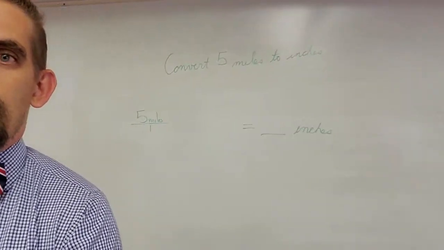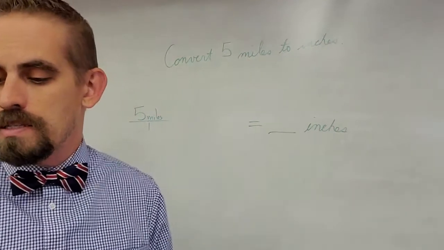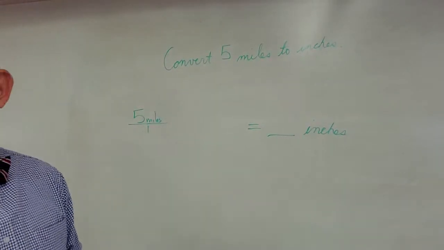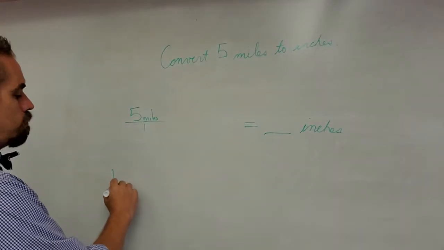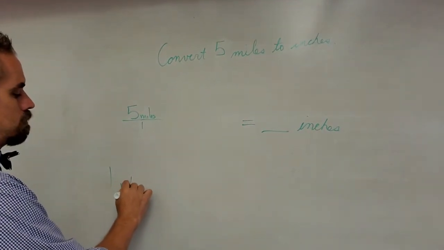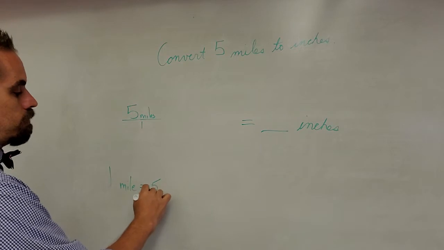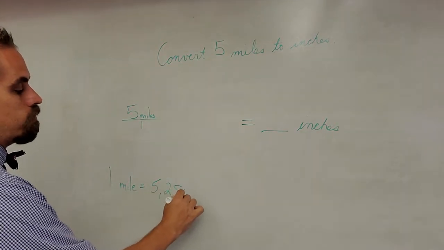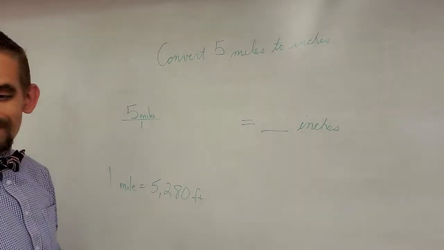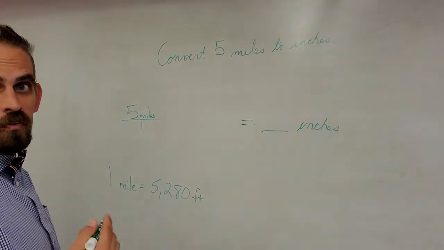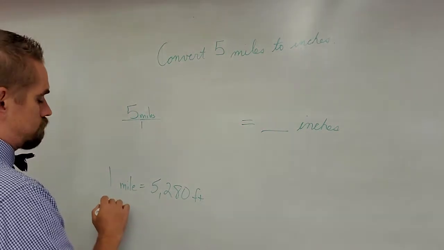Then we look at our paper, and it says we're given 2 things. Number 1, 1 mile equals 5,280 feet. And then it also tells us 1 foot equals 12 inches.